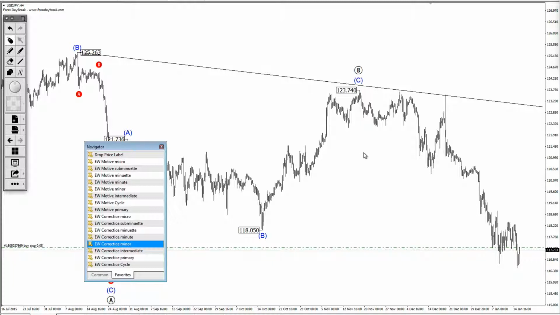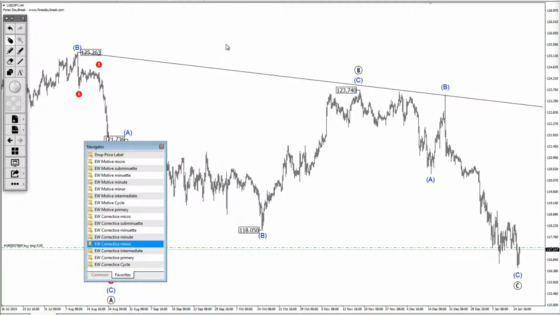And then we can label the decline, which is the C leg of the triangle, like so. ABC structure forming the minor wave C of this triangle leg, which has now completed in my opinion.